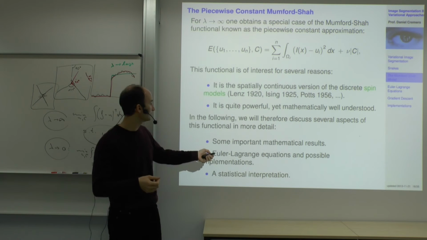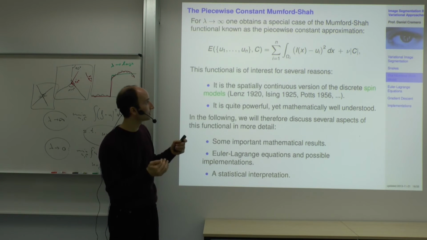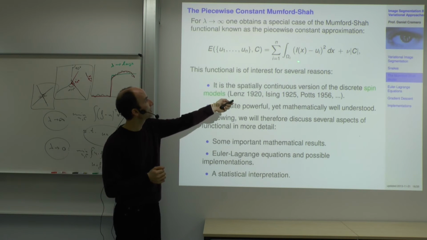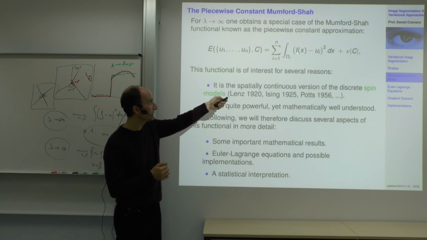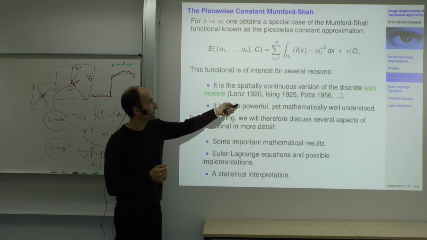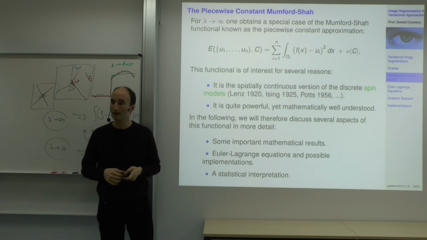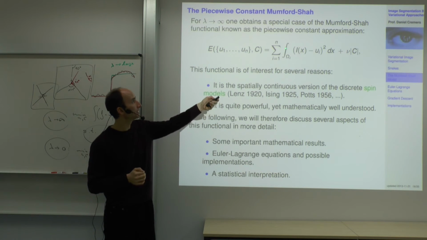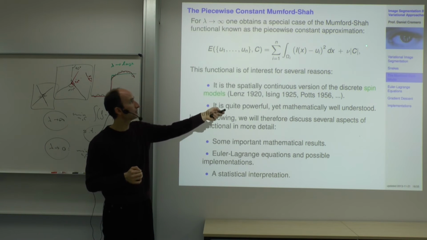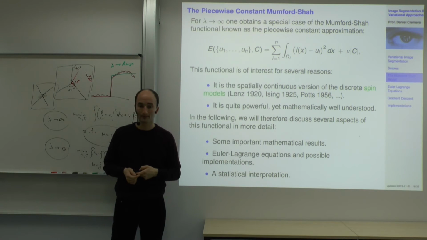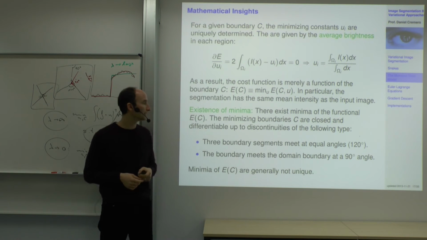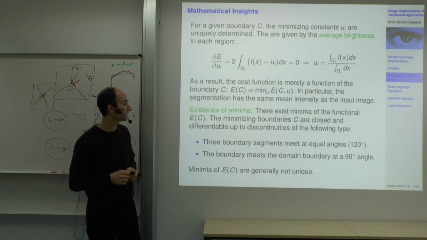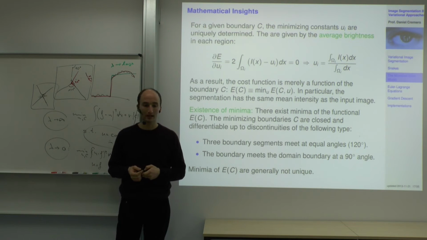And so ultimately the reason for these results on the boundary configurations is due to the fact that this term measures a regional property and this term measures a property of the boundary length. And so infinitesimal changes are negligible with respect to the data term, but they do affect the boundary. And so that is ultimately the reason. The proofs, you can imagine, are a little longer and technical, but this is the intuition behind these results.